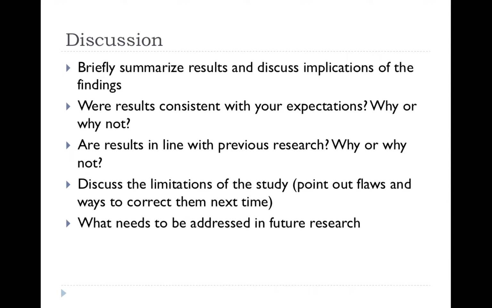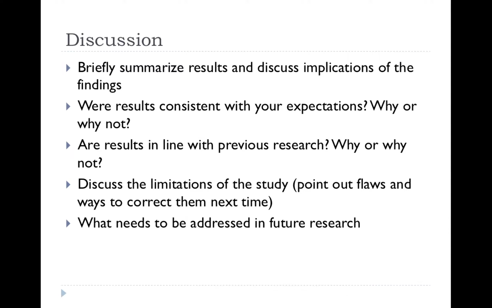And then usually at the very end, probably the last or second to last paragraph, you would discuss some of the limitations of the study, meaning that you point out some of the flaws or things that you would have done differently if you were to do the study again. Now, I want to caution you here because I don't want you to negate everything that you have done in this section.